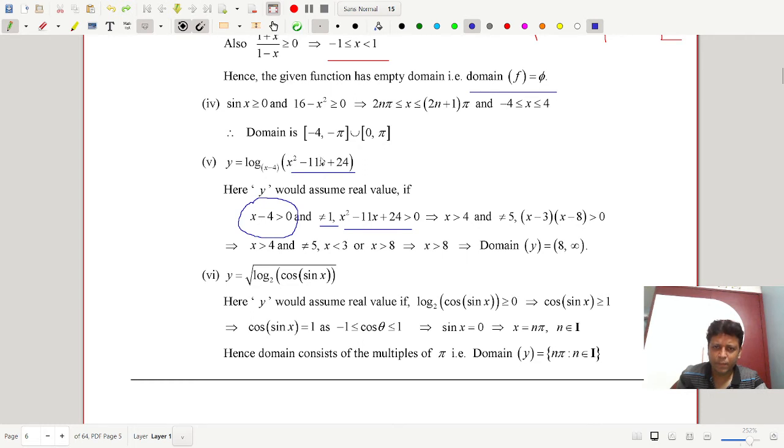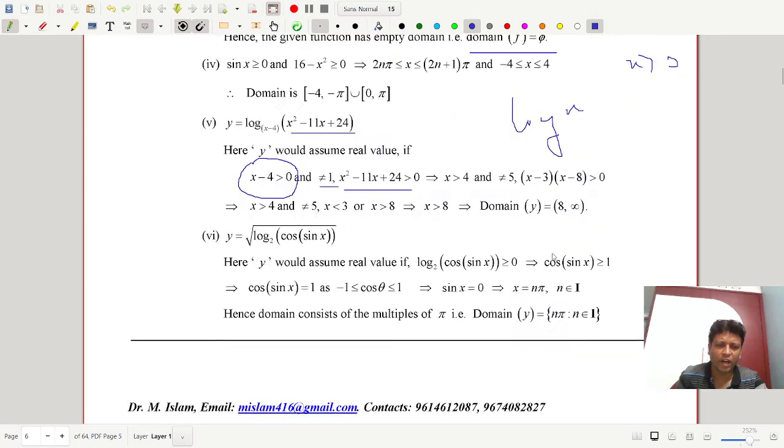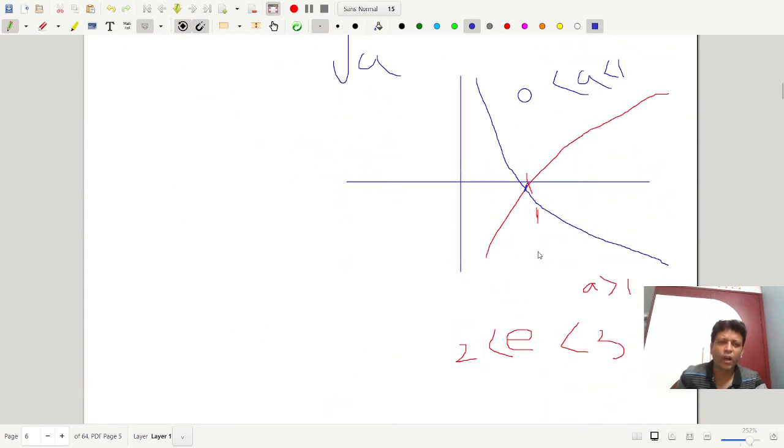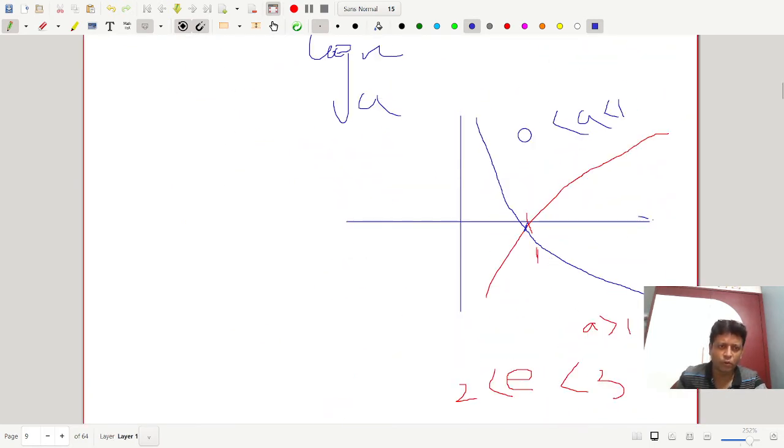This first line, log x. If you write log x, x must be positive, because you see the graph. You could have asked the question, why is x positive? You look at that. This is x-axis, this is origin, this is y-axis. Your log is on the right. It cannot come to the left.